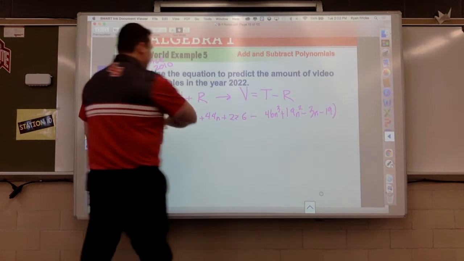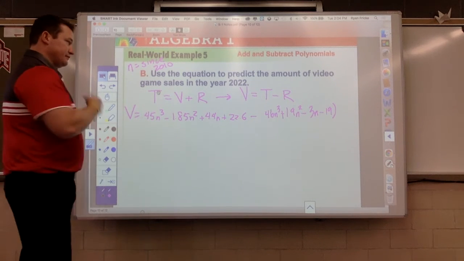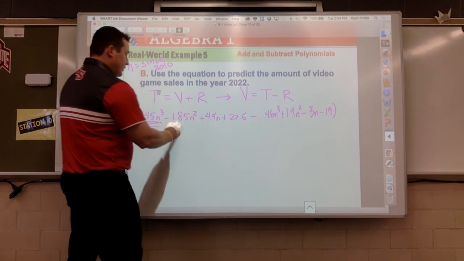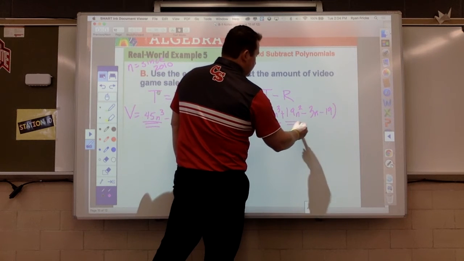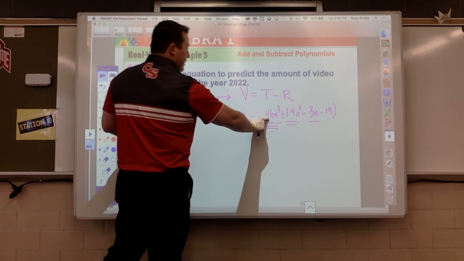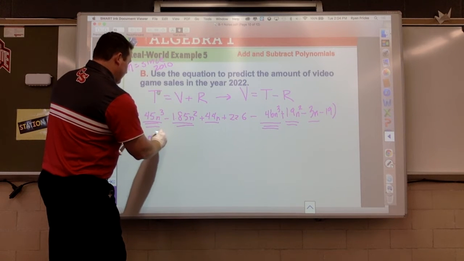Now let's gather or collect our like terms. So 0.45 minus that. What is that? Negative 0.01 n cubed.